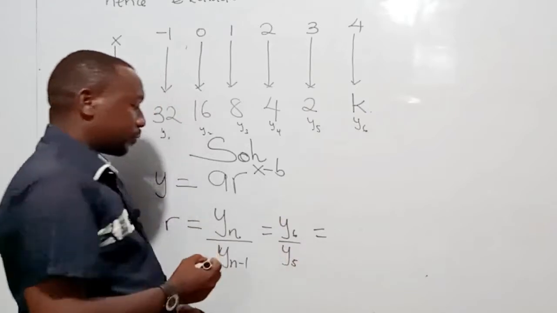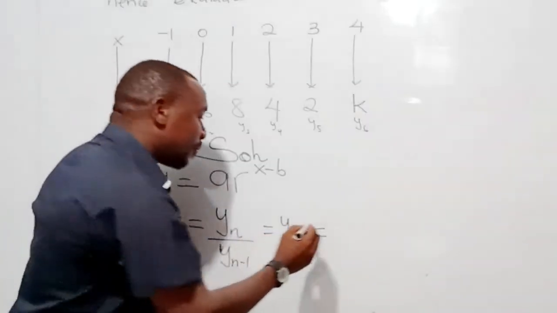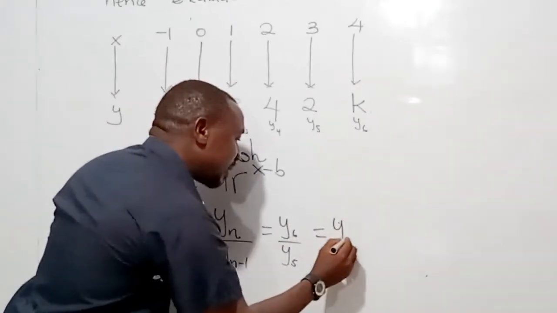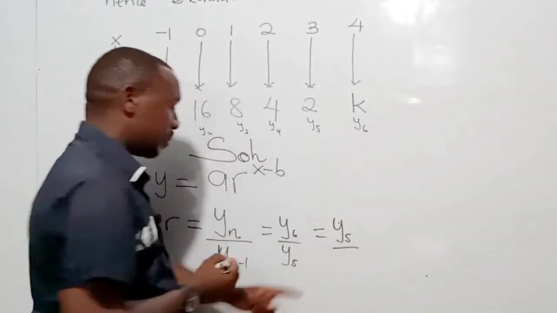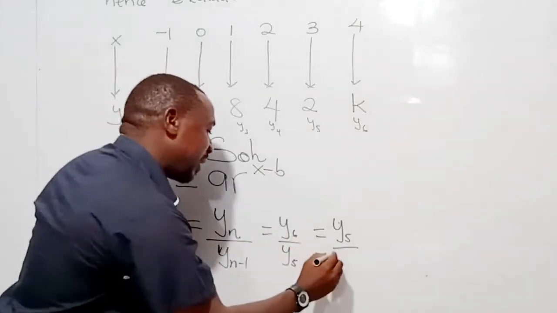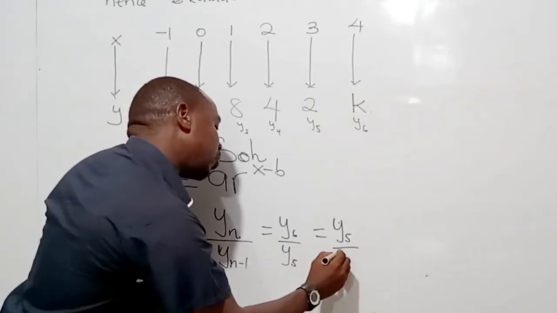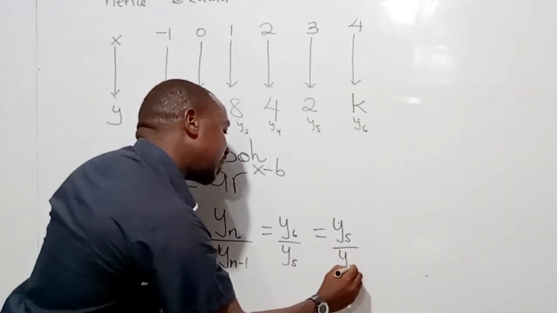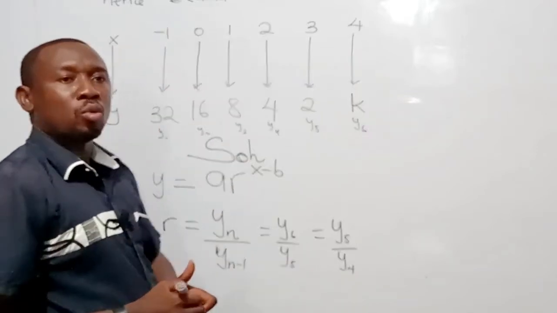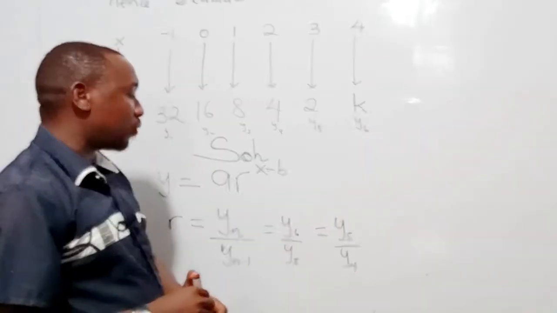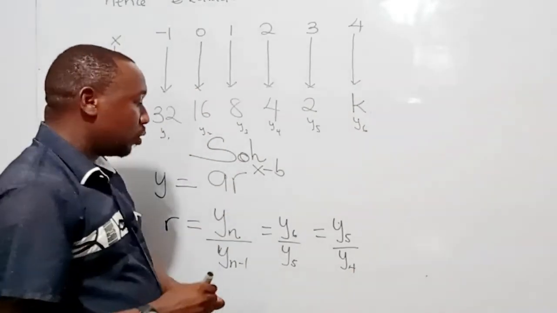Again, if you are using y sub 5, then the denominator should be y sub 4: y sub 5 all over y sub 4.